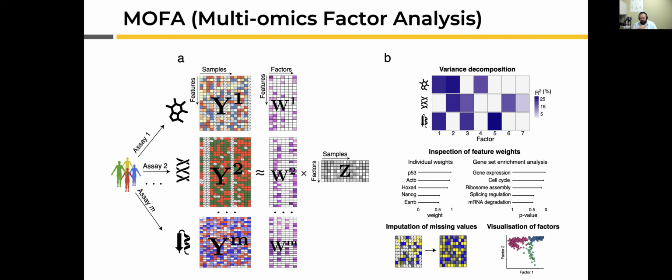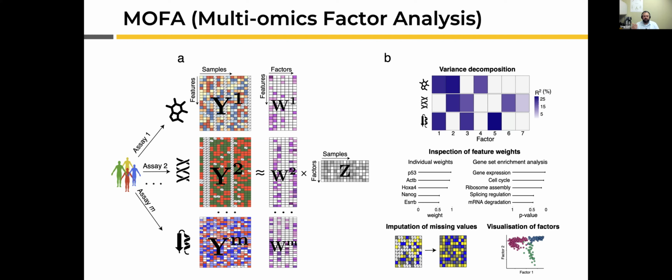And so, if you read their papers, they say that MOFA is sort of a generalized version of principal components analysis for multi-omics data. The idea is that MOFA infers an interpretable low-dimensional representation in terms of a few latent factors.